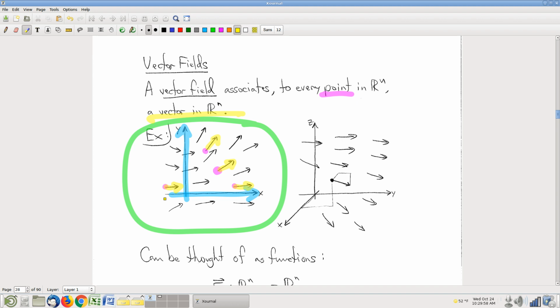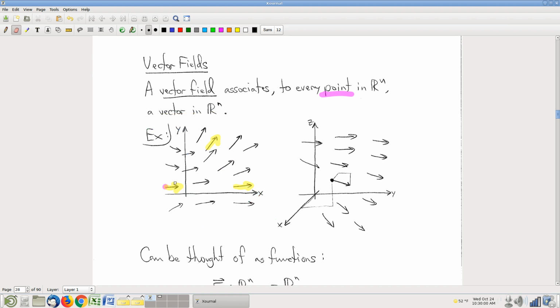Okay. Likewise, now here's a vector field in R3, and this associates a vector to every point in R3. And now look, this is a point in R3 because there's three coordinates. Right? And at that point, I'm going to associate a vector.